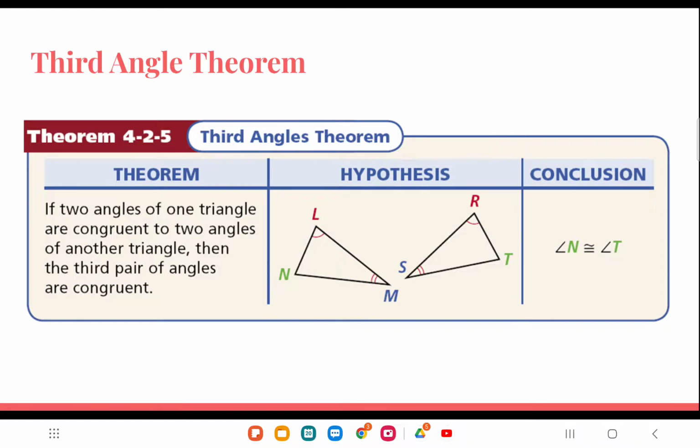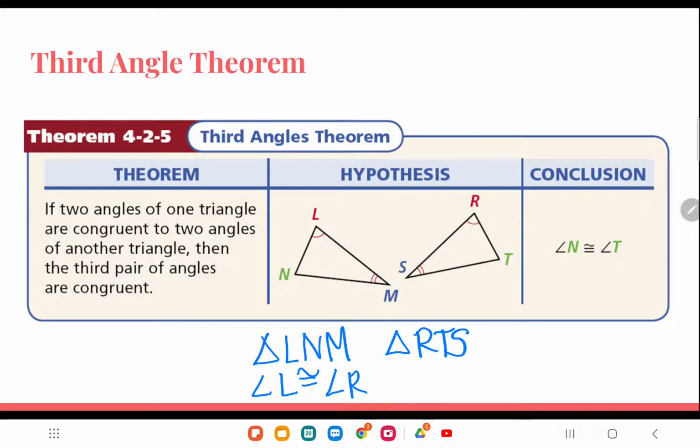So you should, again, taking this drawing, here's our hypothesis, given 2 triangles, triangle LNM, and triangle RTS with angle L congruent to angle R and angle S congruent to angle M. The conclusion is N is congruent to T. You should be able to prove this, again, in a 2-column proof.